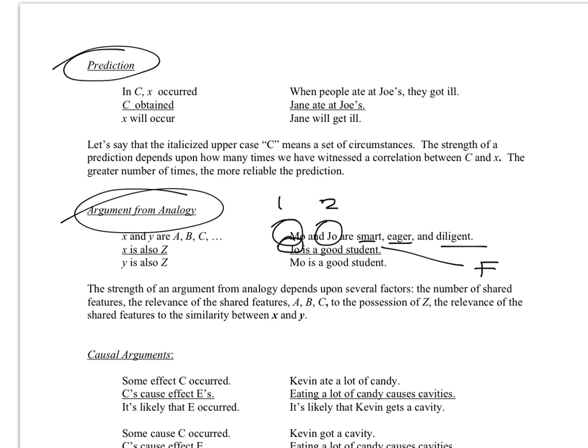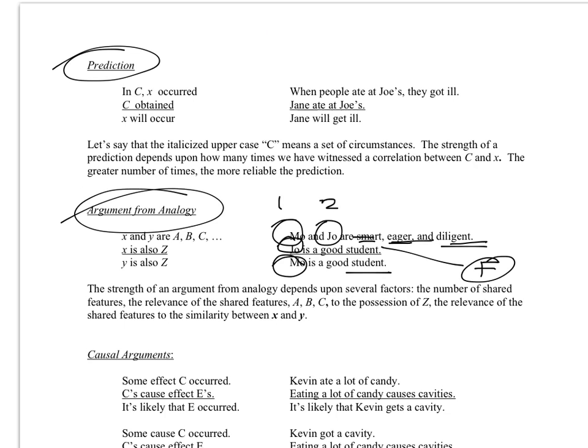On the basis of these two things having these commonalities, we are given some support, some evidence for thinking that the other thing also has the very same feature. So prediction, inductive generalization, argument from analogy: these are all common instances of an inductive argument form.